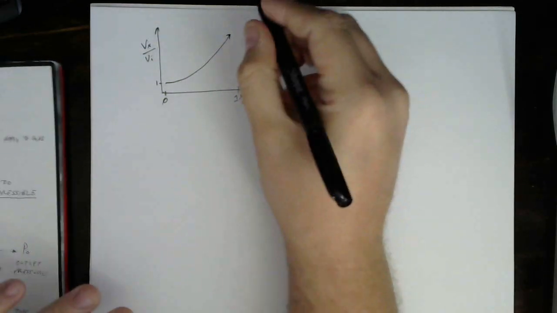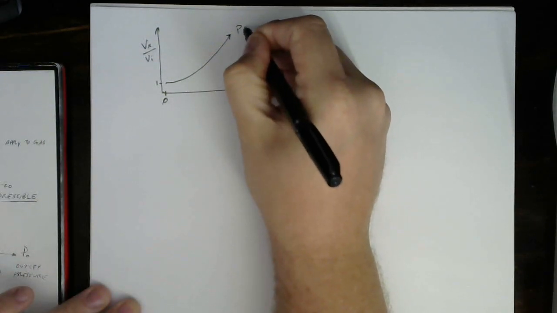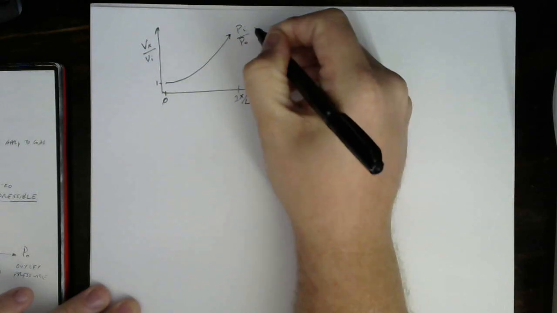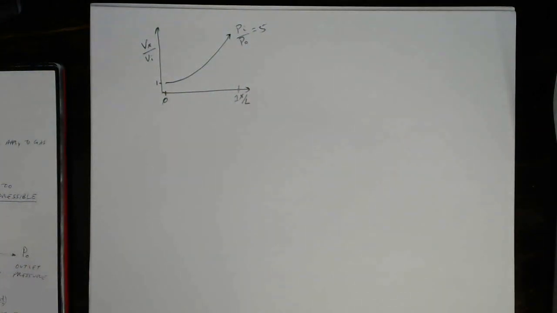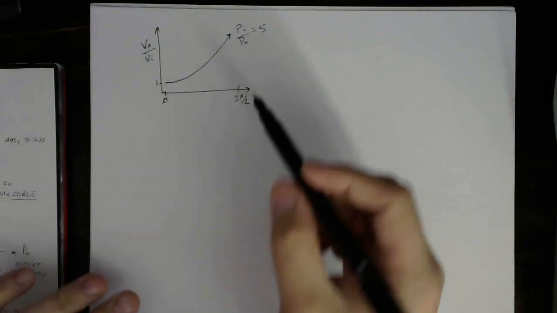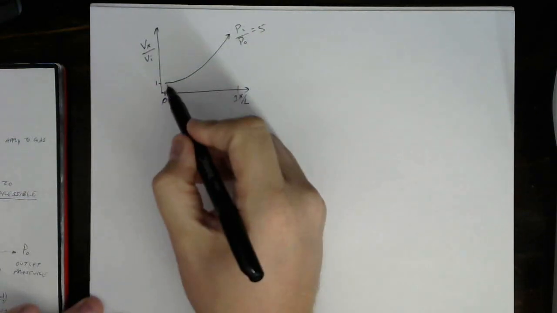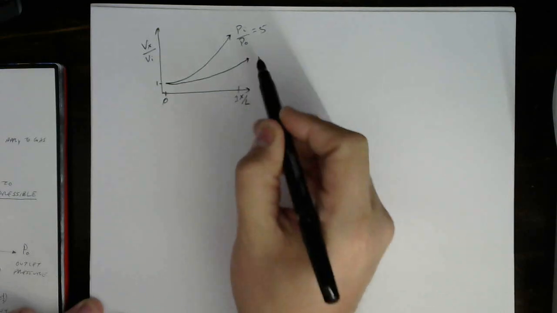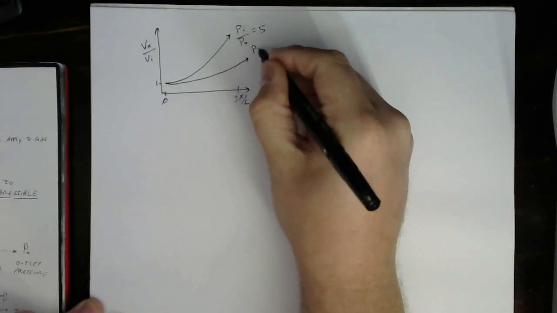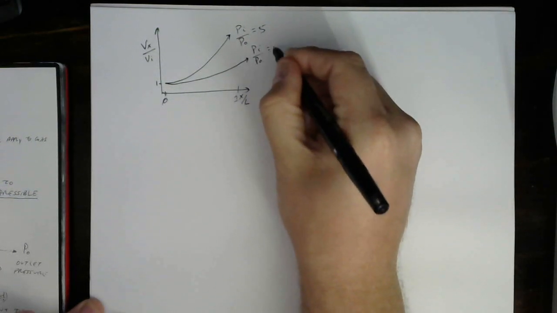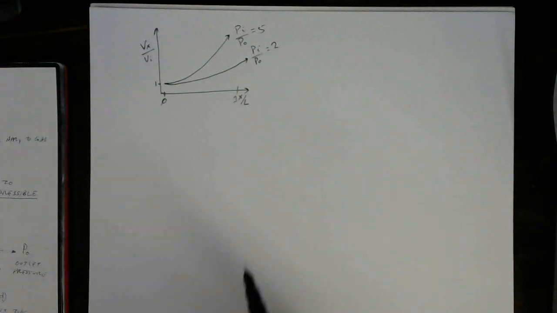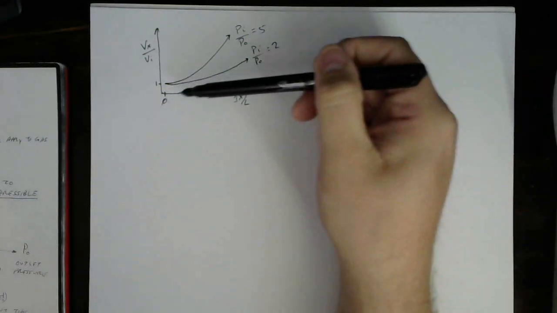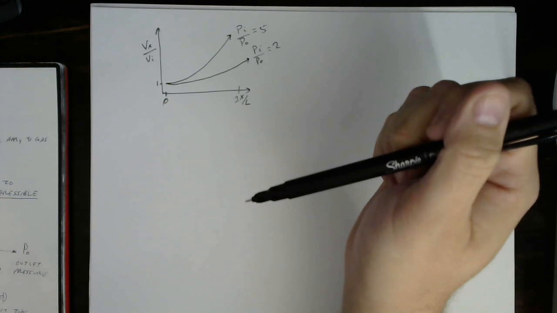So let's suppose that curve applies for pressure at the inlet over pressure at the outlet as a 5-fold difference. If we had less pressure at the inlet, we're going to get, again, this nonlinear trend. Let's call this equal to 2. But the point is, the more pressure you apply, the faster this thing goes nonlinear.